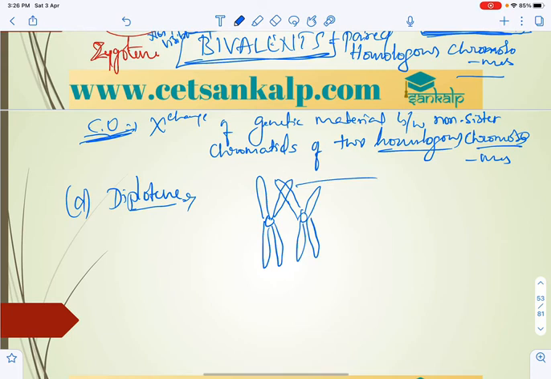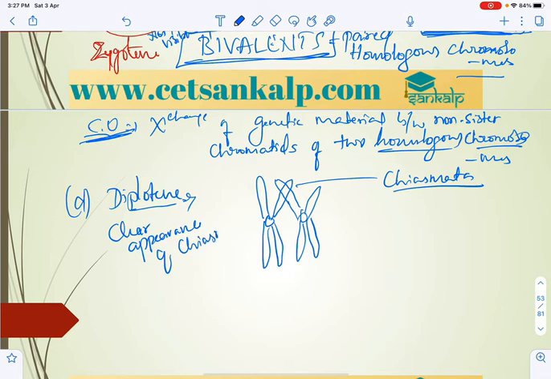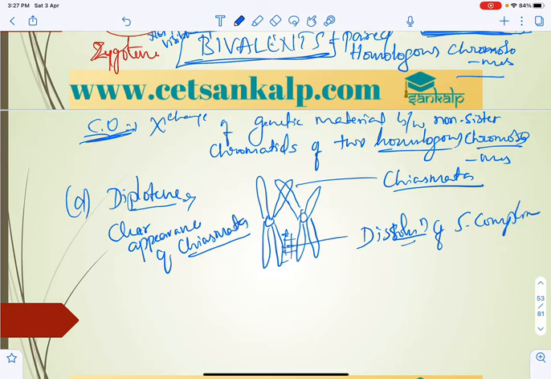This is called chiasma, or chiasmata. So the chiasmata are clearly visible, and the dissolution starts, with maximum dissolution of the synaptonemal complex occurring. Finally, chiasma is clearly visible and dissolution starts.